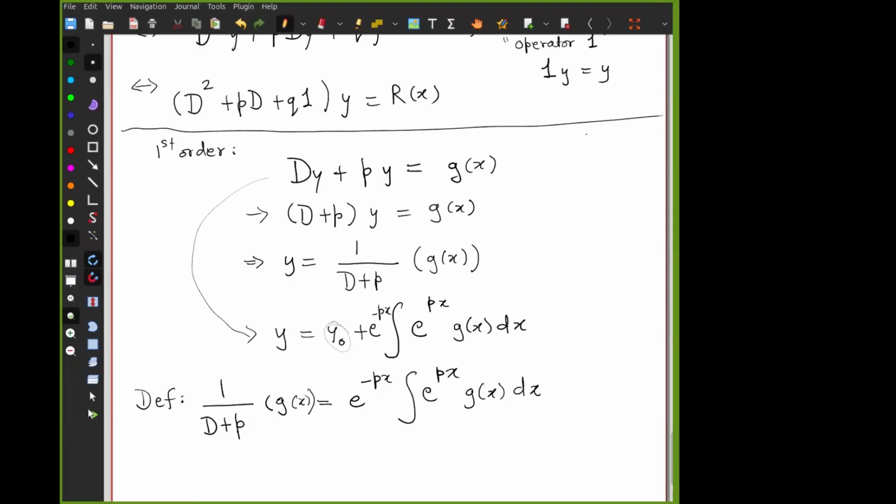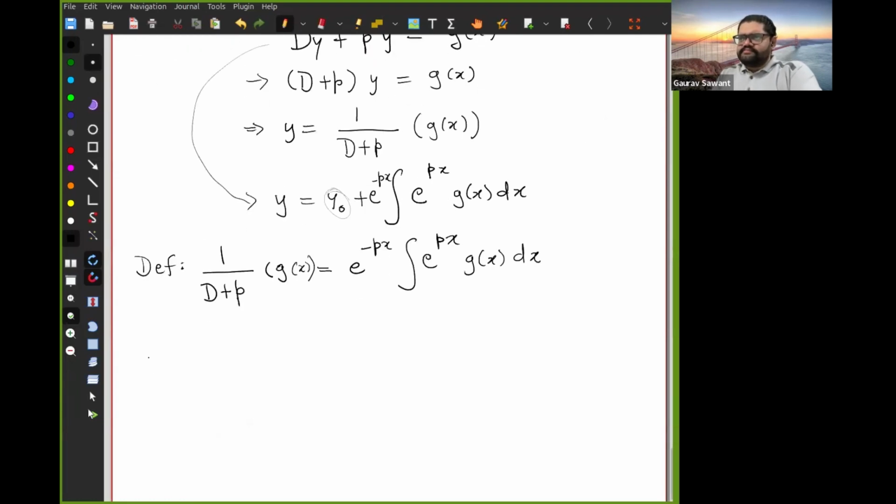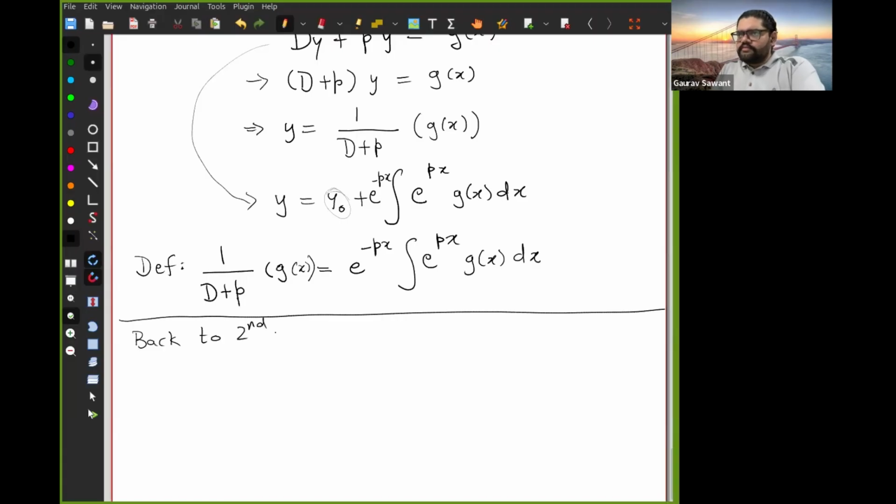Now let's go back to the second order or even higher order cases. So back to second order. I had d square plus pd plus q identity acting on y equal to r(x).